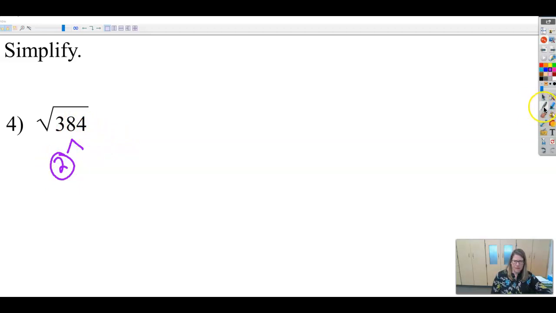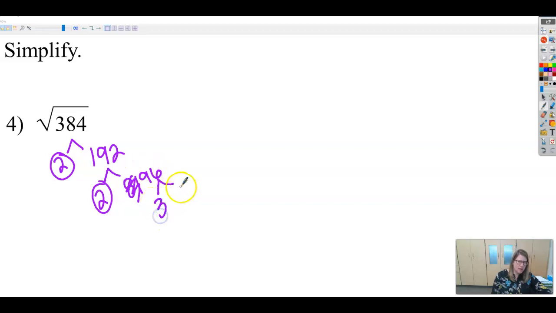Alright, so 384 divided by 2 is 192. 192 is also even, so I could divide it by 2 again. 2 goes into 19... no, that's not right. 96 times. 96 is 3 times 32.